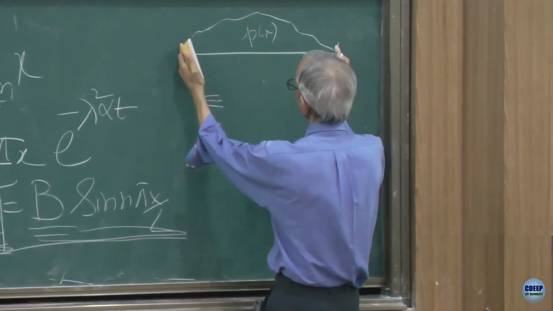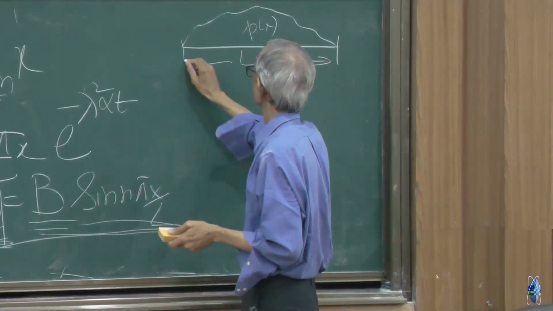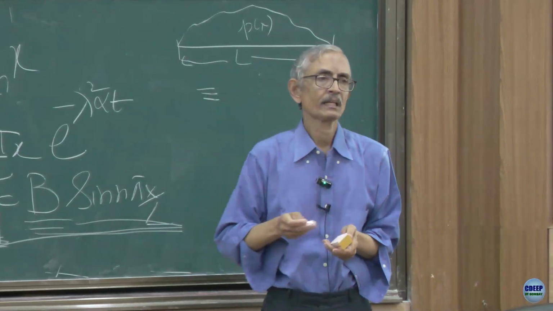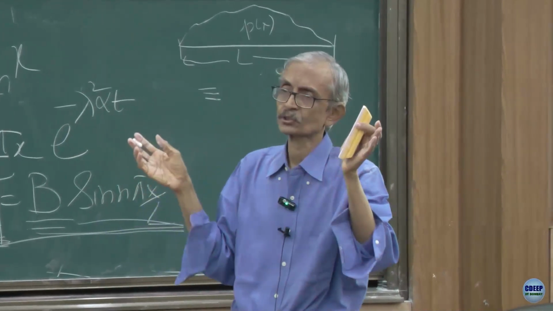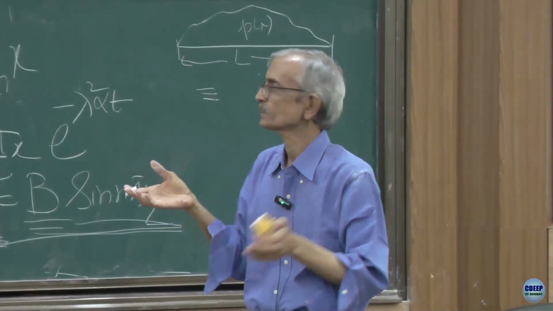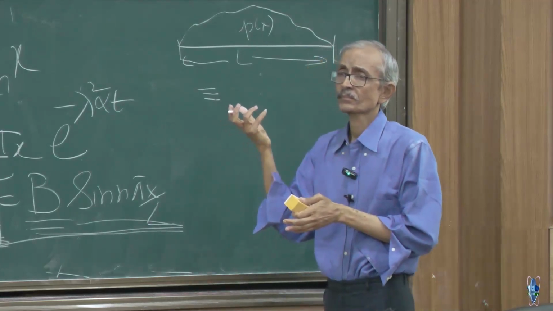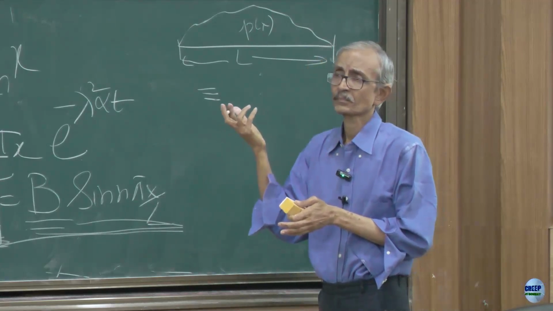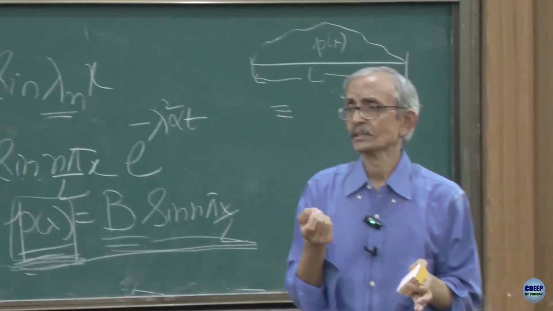This guy here is just available to me at some particular L. Okay. Fourier series is for an infinitely large domain. It's a periodic thing. This is not periodic. So what do I do? I brute force make it periodic.